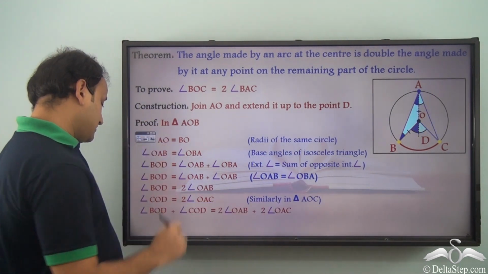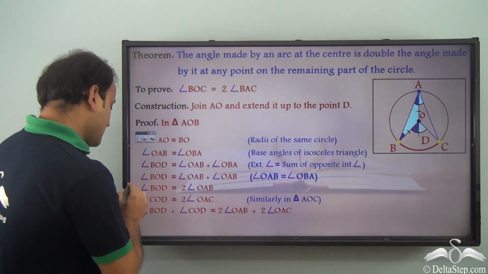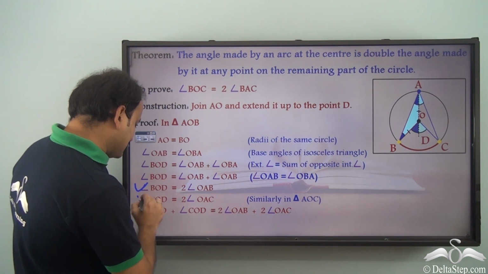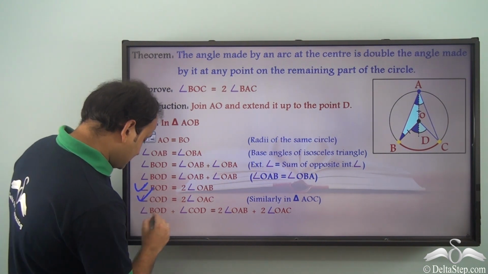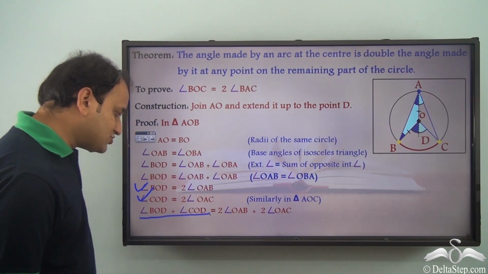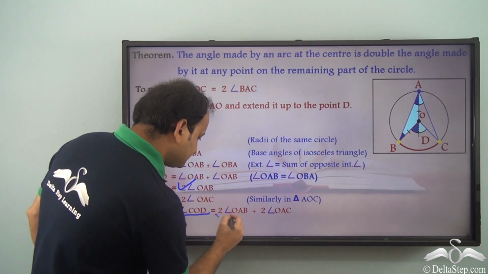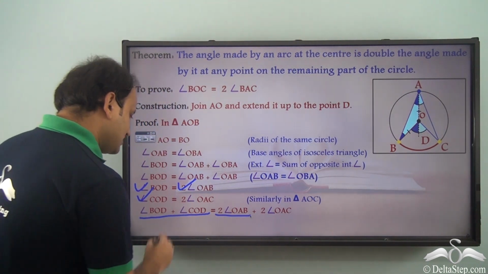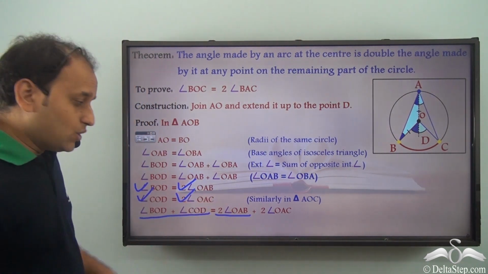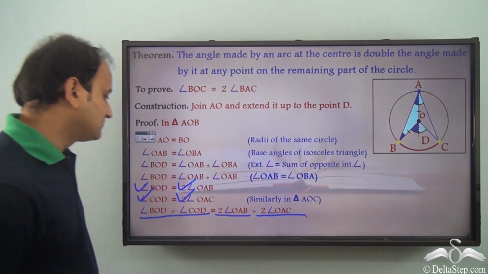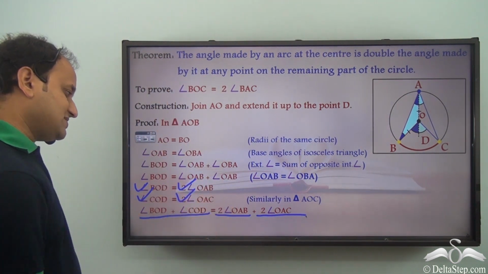Now, let us add the two equations. So, what do we get? Angle BOD plus angle COD is equal to 2 into angle OAB plus 2 into angle OAC. And from this, what do we get?